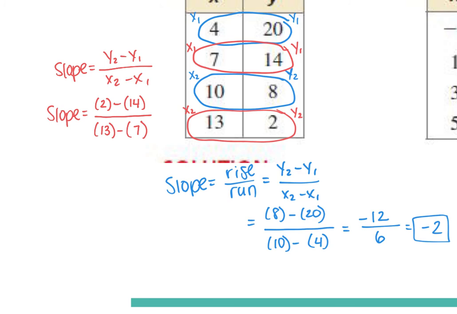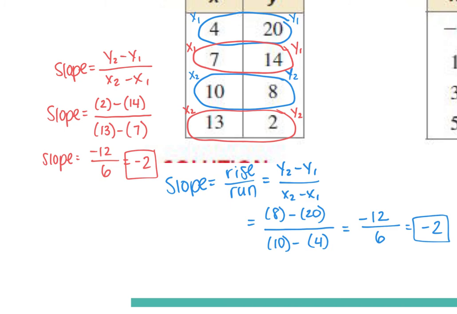Because it shouldn't matter which 2 points we pick, right? Okay, so our slope, what's 2 minus 14? Brady? -12. And what's 13 minus 7? Gabby? 6. What's -12 divided by 6? Nick? -2. Did we get the same slope?